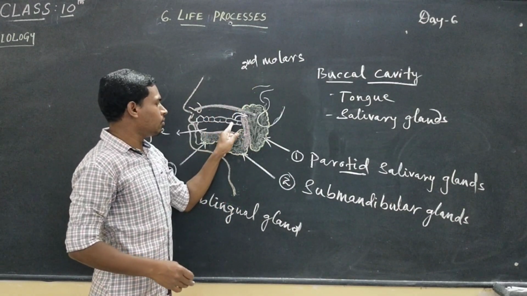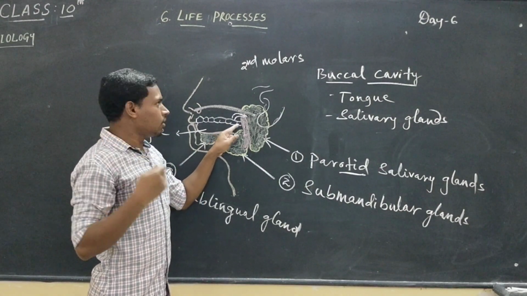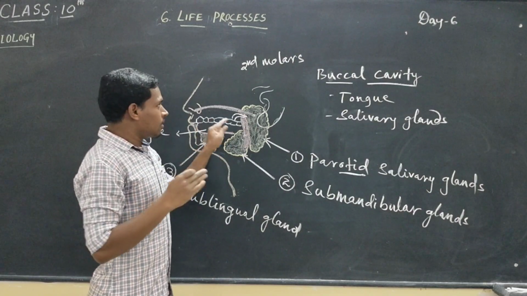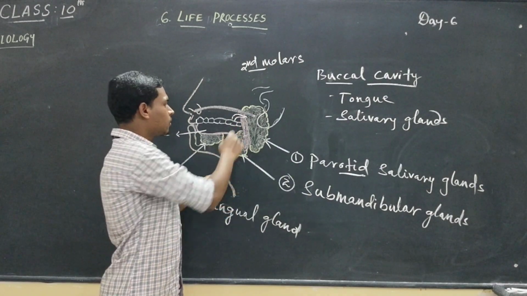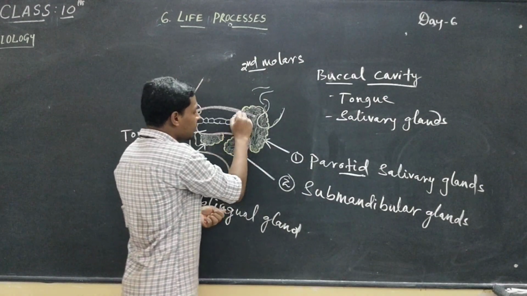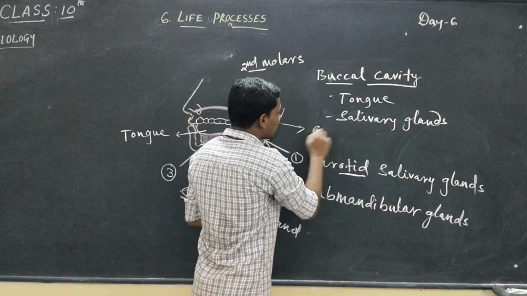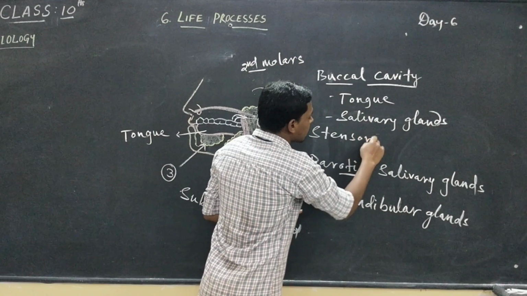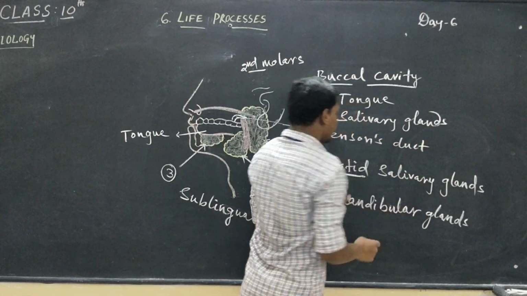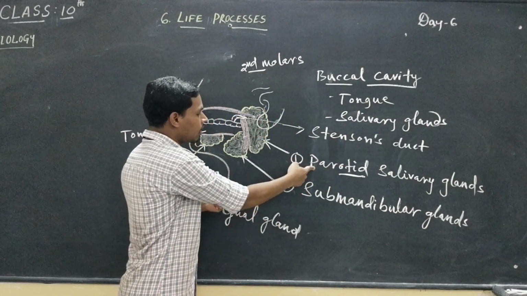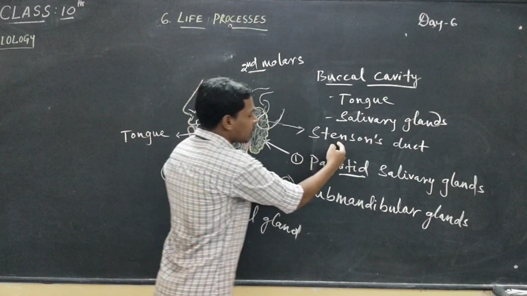We have three molars. Okay, premolars, then molars. So first, second, and third. At the second molars, the duct would open. The name of this duct is Stensen's duct. The parotid gland releases its secretion through Stensen's duct.